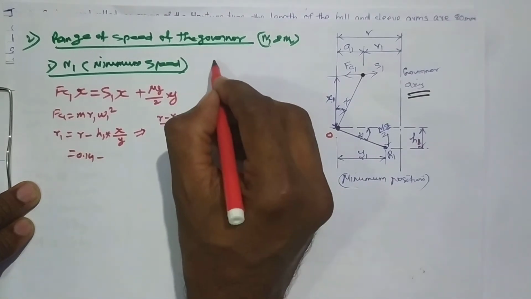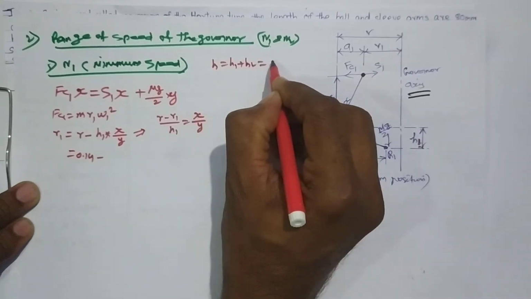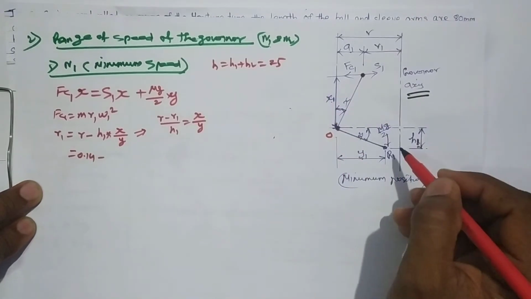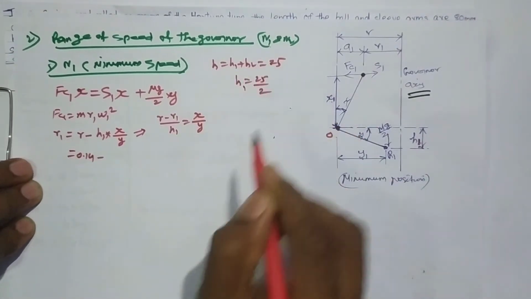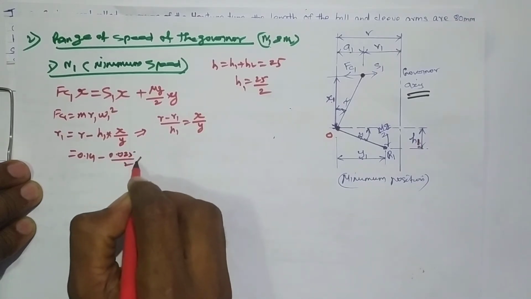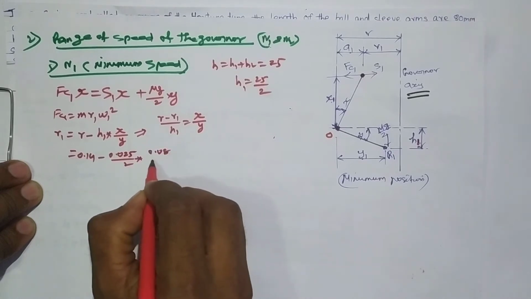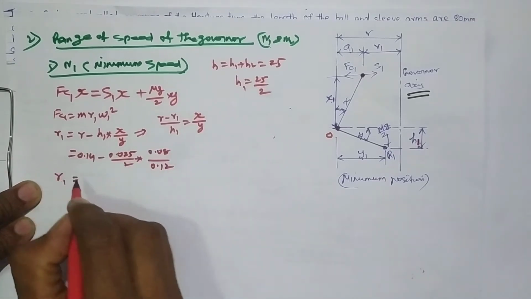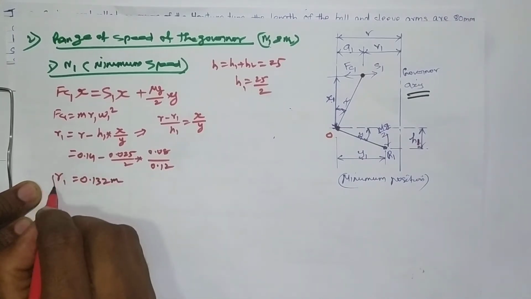You know that h is 25 mm, so h1 is h over 2, that is 0.025 divided by 2, into the x value 0.08, divided by 0.12. So from that r1 equal to 0.132 meter, you are getting that.